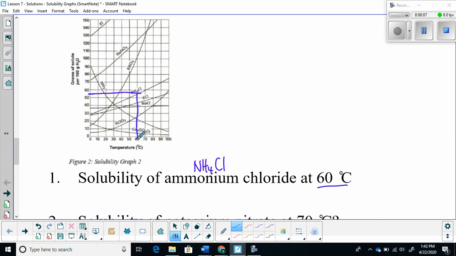Okay, so at 60 degrees Celsius, it's about 55 grams per 100 grams of H2O. So again, what that means is at 60 degrees Celsius, I can dissolve a maximum of 55 grams of ammonium chloride in 100 grams of water.